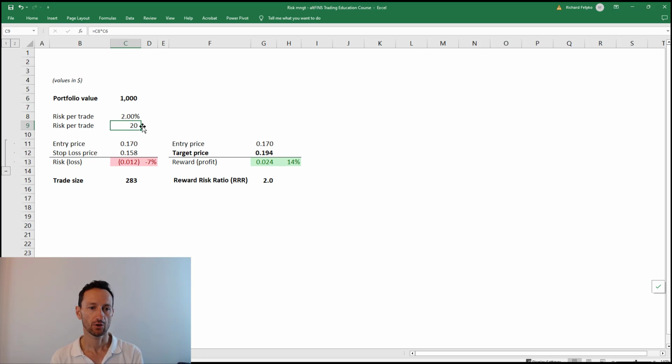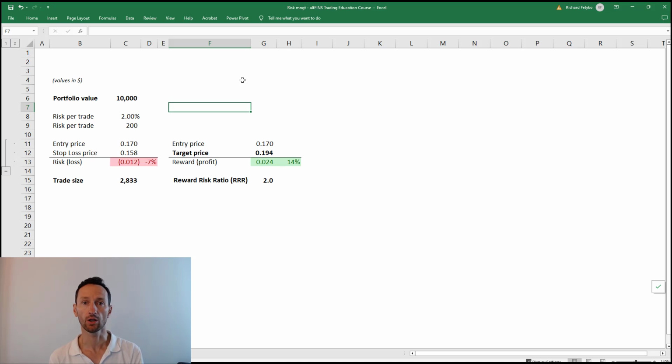So that calculates the trade size for this portfolio value. The appropriate trade size is $283. If you have a bigger portfolio value, obviously that increases. So that's another important method for managing your risk.